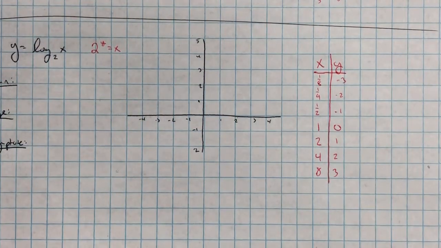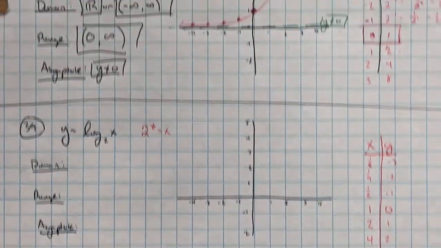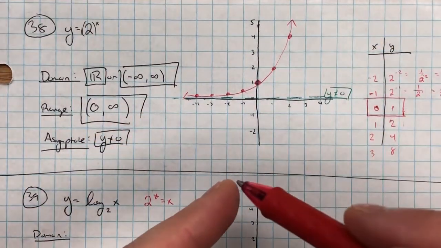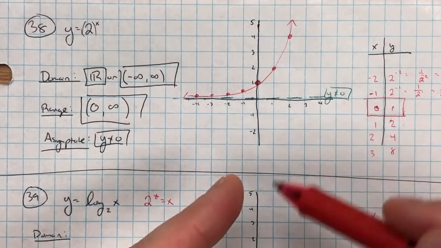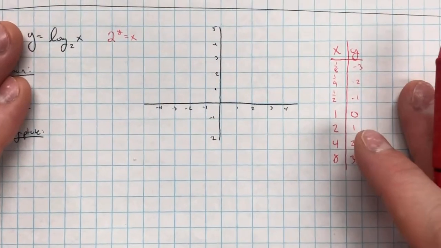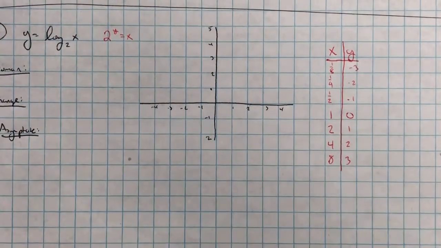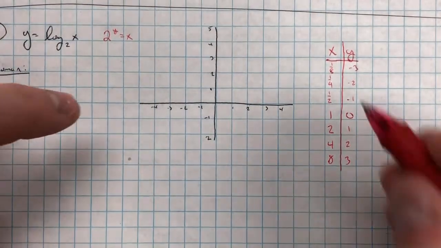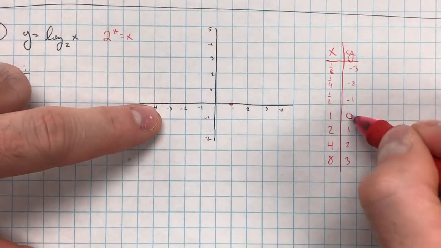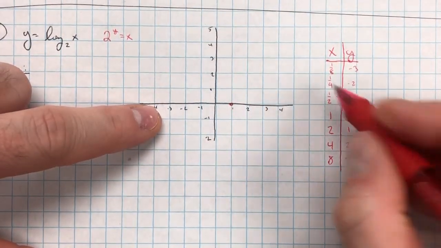Okay, so what does that look like? Well, if it's the inverse of this, I should expect this to be reflected across that line. I should see a line that looks something like over here in these two quadrants. So let's take a peek at what that looks like. Okay, so if x equals 1, y equals 0. And as I move up on the y, I'm doubling my x.